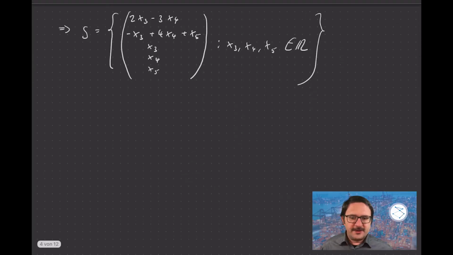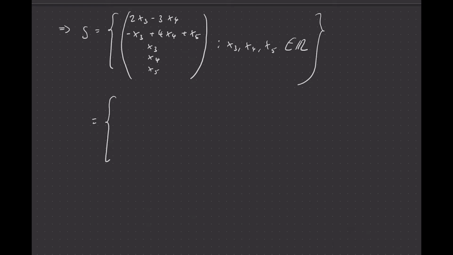Now the solution space can be written in a way that is a little bit nicer and a little bit more suitable for seeing what the right basis is. What we can do is we can split that vector into components that have an x3 part, an x4 part, and an x5 part. And we do just that now.